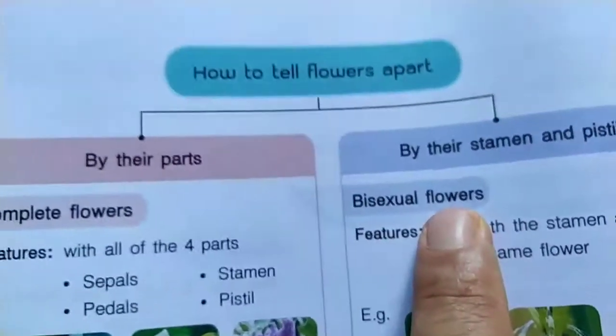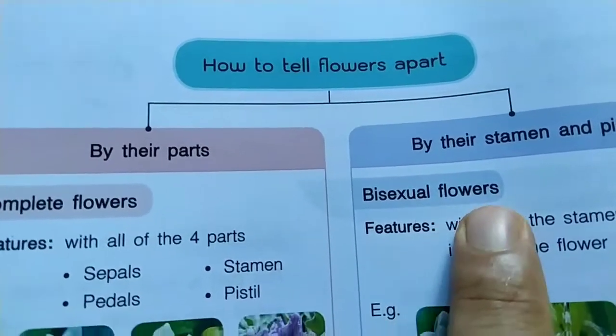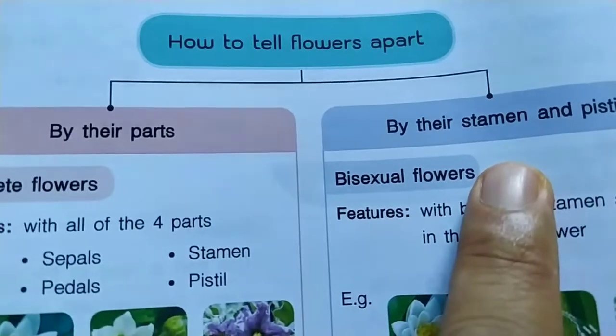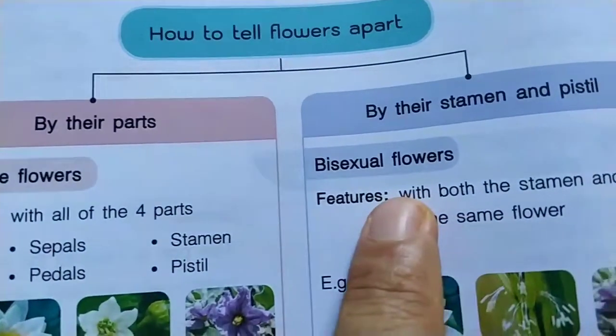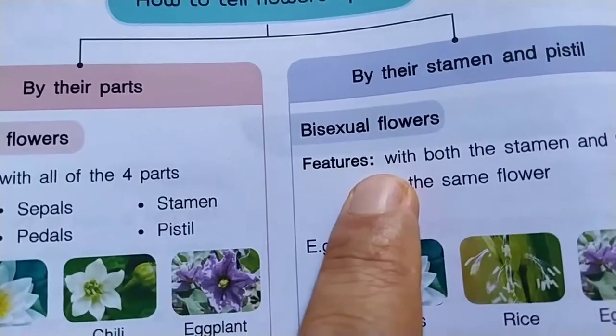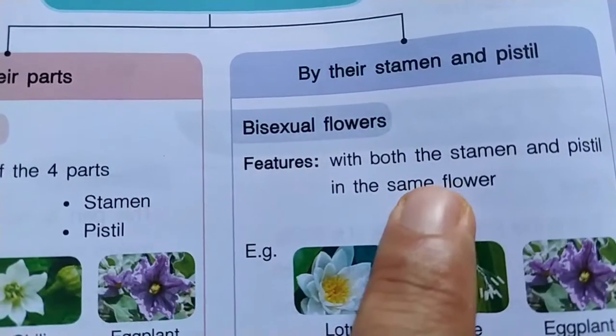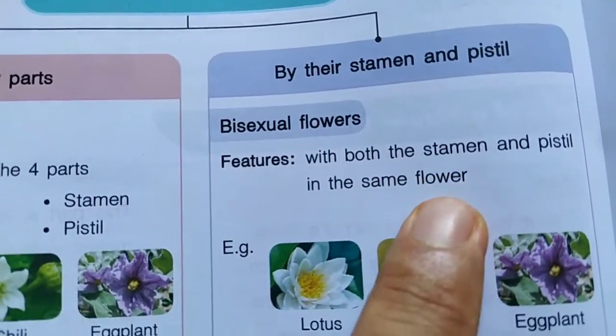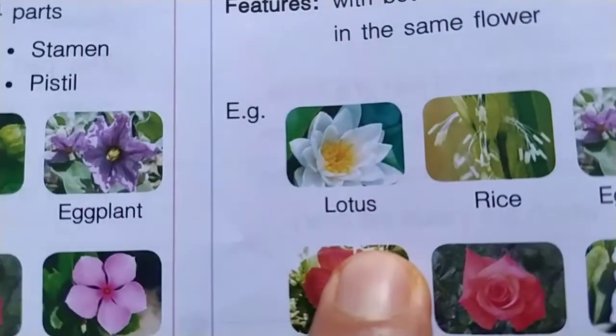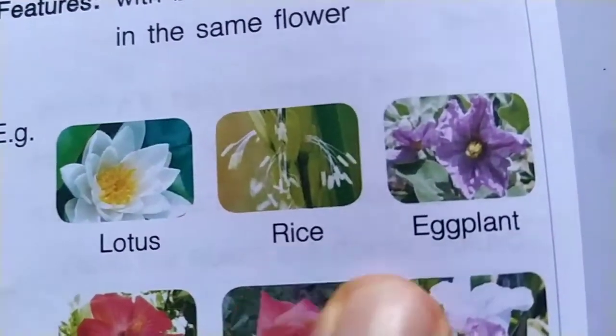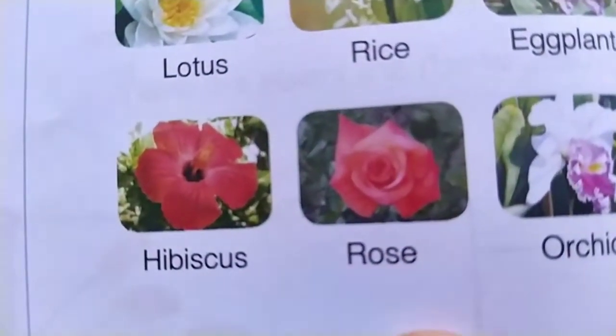However, we can also tell flowers by their stamen and pistil, not just by the parts. If it is by stamen and pistil, we know some are bisexual flowers. Their features are, they have both stamen and pistil in the same flower. Look at that. The lotus, rice, eggplant, hibiscus, rose, and orchid. Okay?